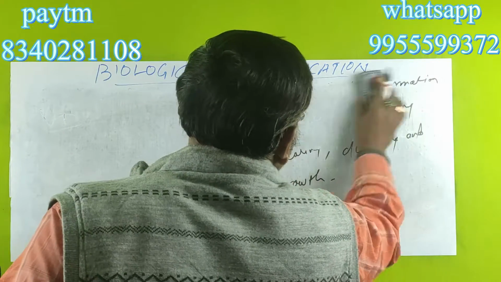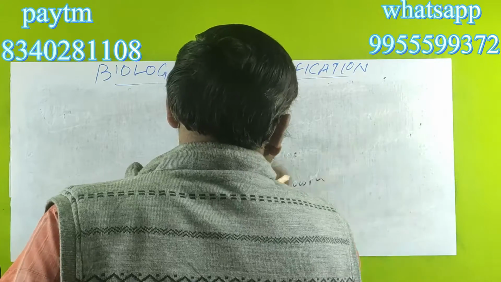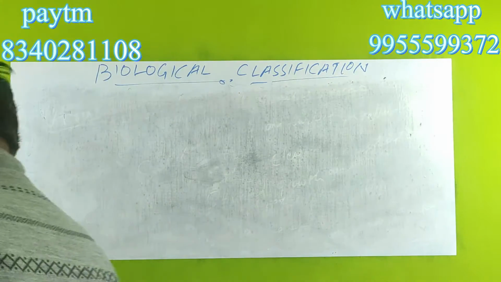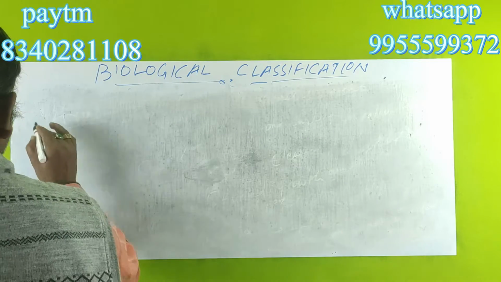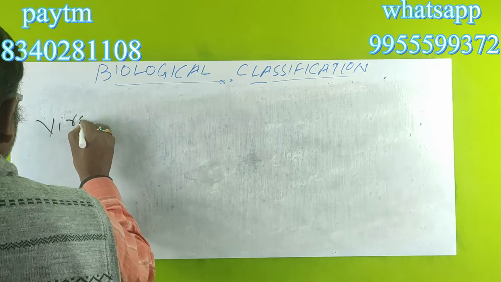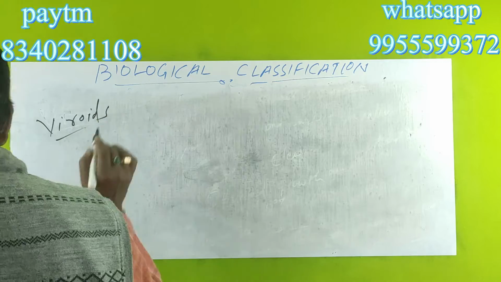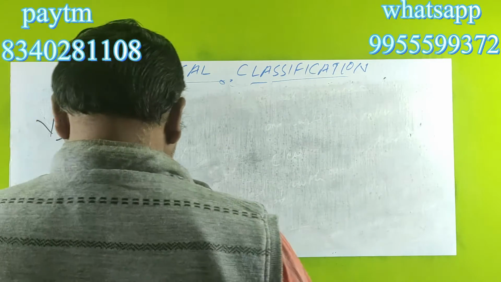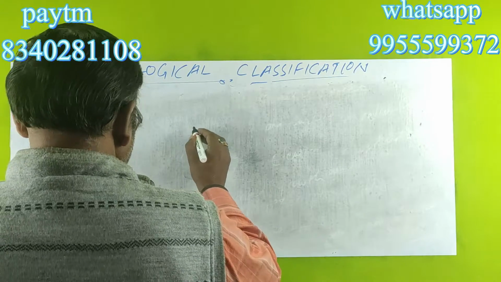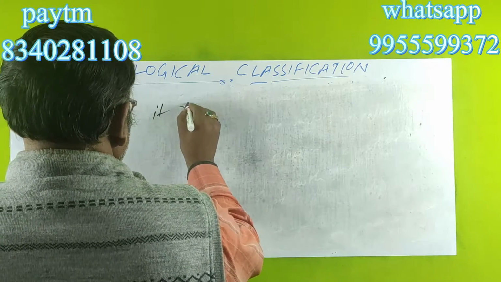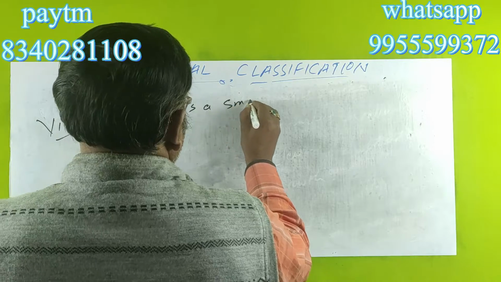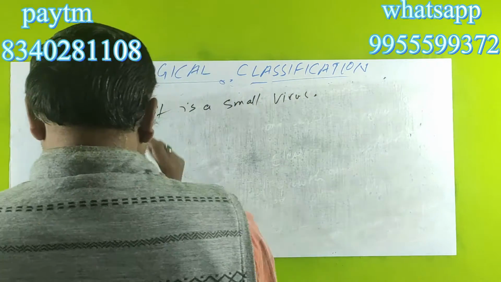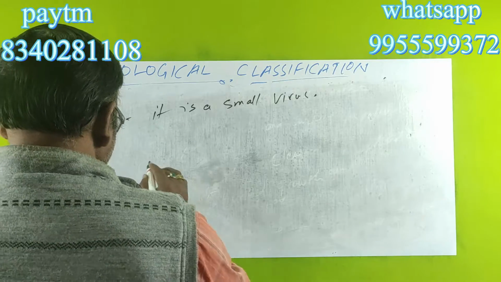Now we come to viroids. So what are viroids? A viroid is a small virus. It is also a virus, but it is small.